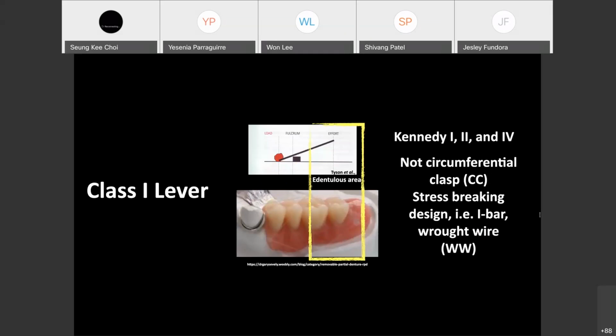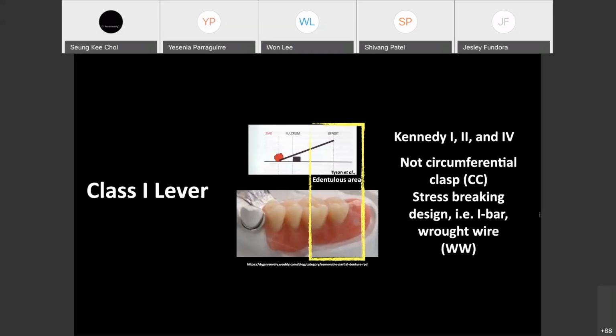Almost every single RPD design potentially is detrimental to teeth. That's probably one of the reasons why, from our point of view as a dentist or clinician, RPD is not at the top of the list for treatment option.